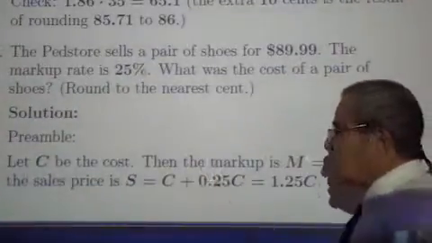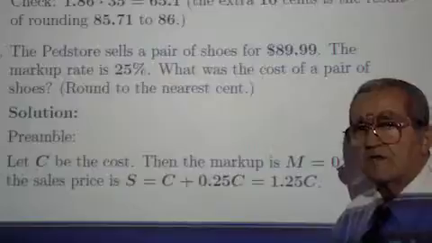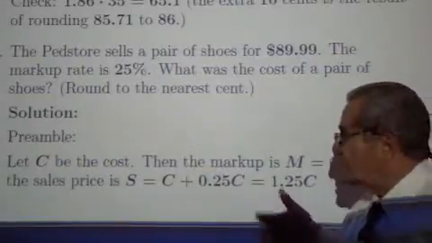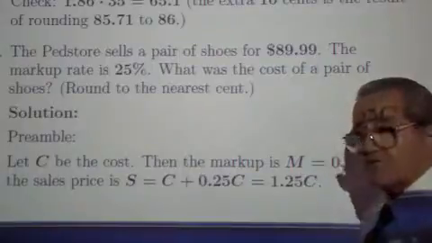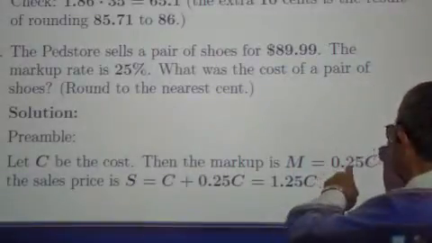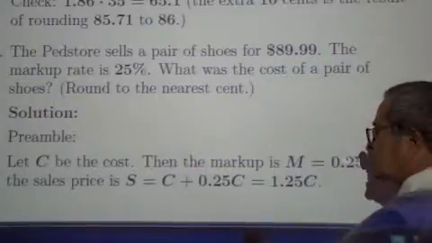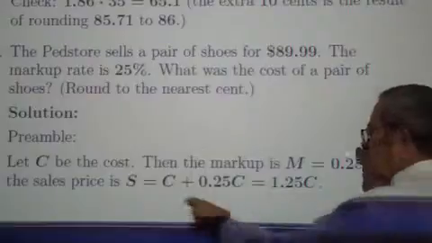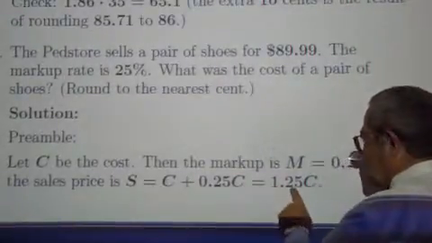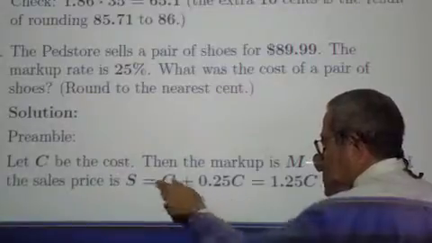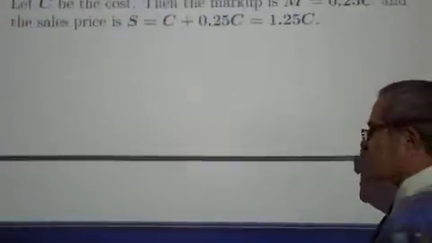Let C be the cost. Okay, algebra. Let C be the cost. We know there's a number in a box. The number in the box is the cost. We have to find the key to open the box. Then the markup is 0.25 of cost, and the sales price is the cost plus the markup from here. And 1 plus 0.25 is 1.25 of cost. These two are like terms, so you can add the coefficients.